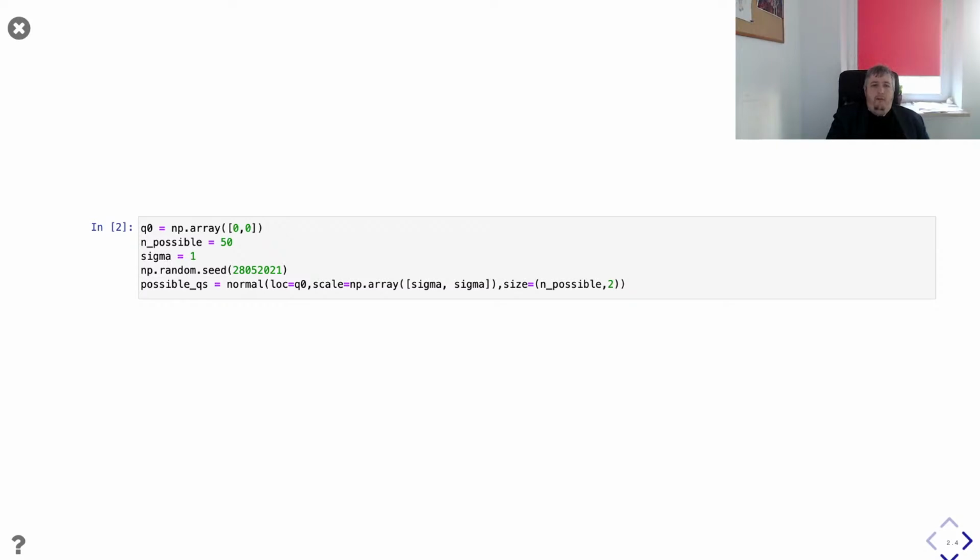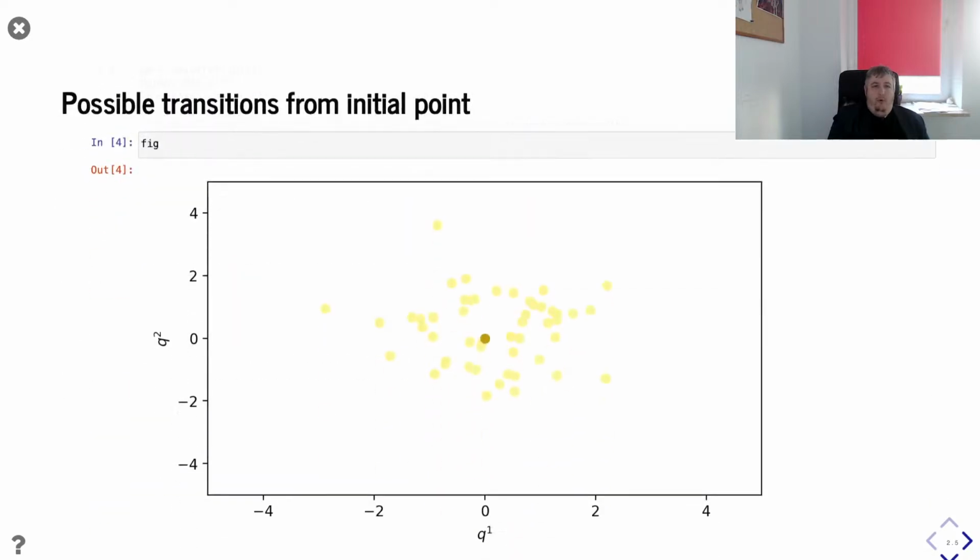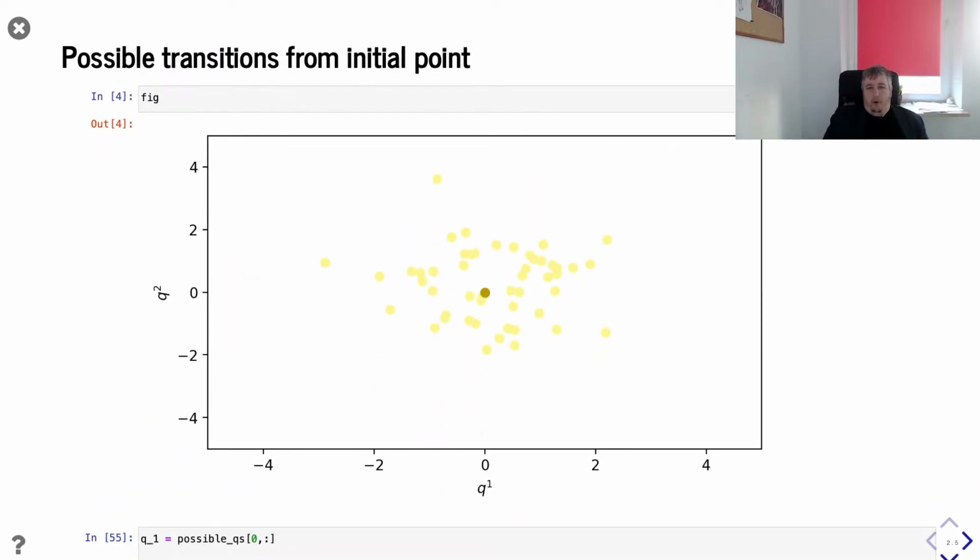This can, of course, be very simply computed by using random number generators. From one point, for example point (0, 0), assuming a standard deviation of 1, we can assign the probability of movement from point (0, 0). We can see possible transitions from this point.